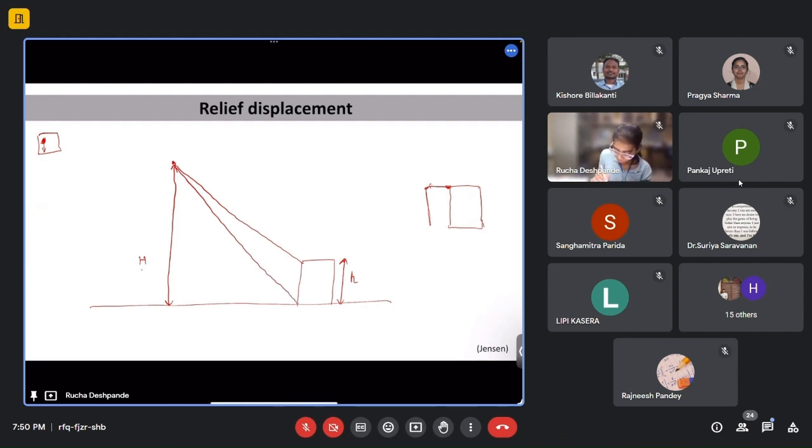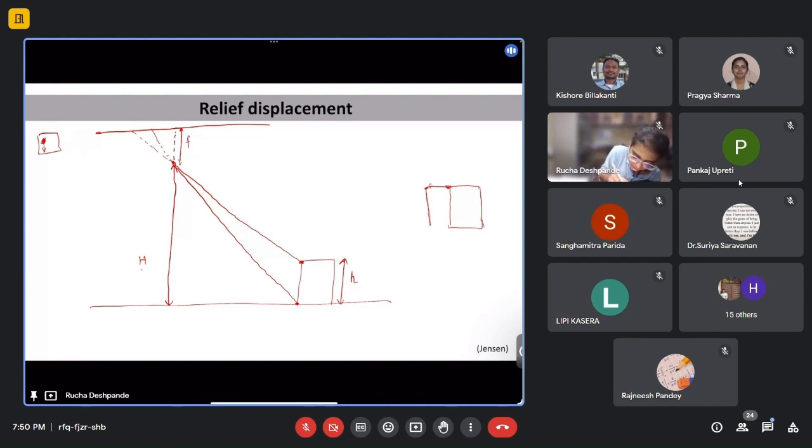Both the top and bottom of this object will appear in the photograph. If f is the focal length of the camera, this is f.